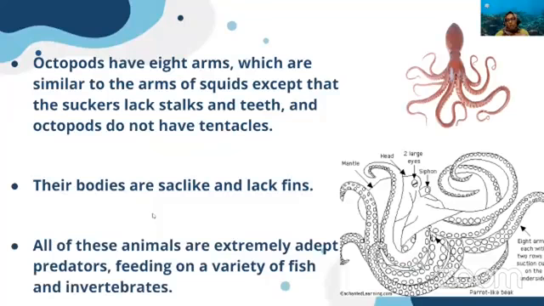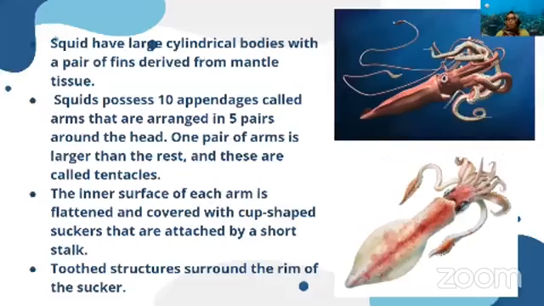So the next is octopus. Octopods means eight, octo. So they have 8 arms. They don't have tentacles, which are similar to the arms of squids, except that the suckers lack stalks and teeth. So it's very important to note.